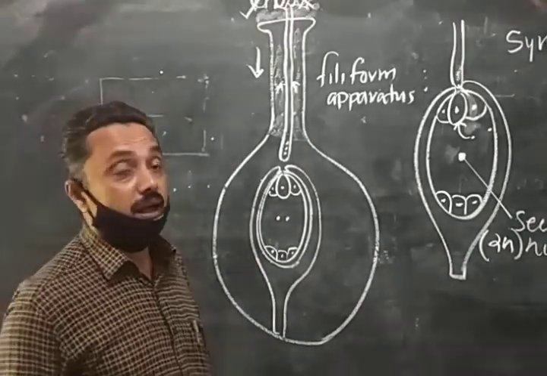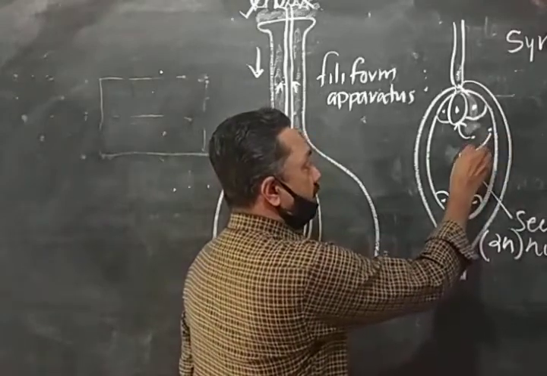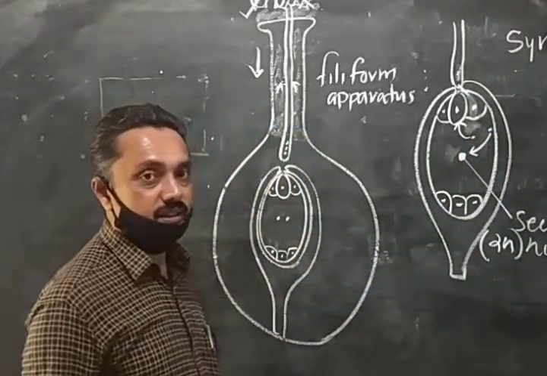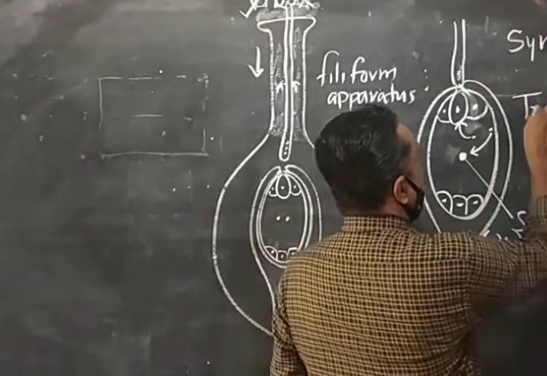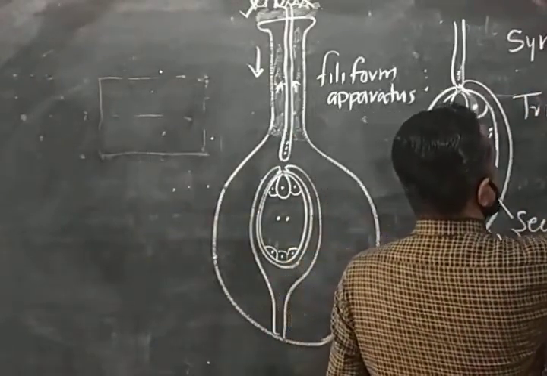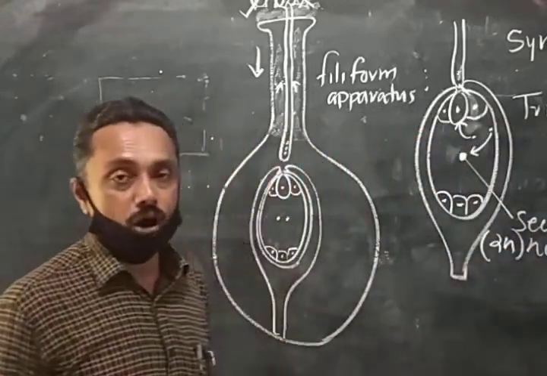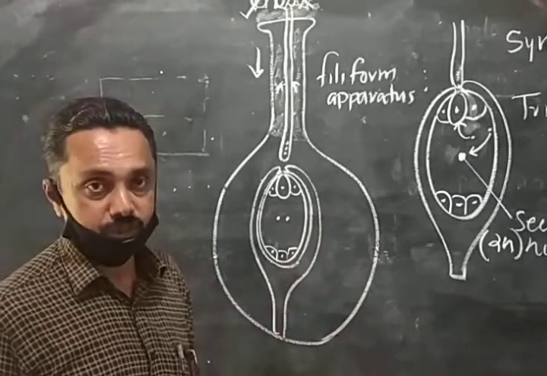And the remaining male nucleus joins with the secondary nucleus. The process is called triple fusion because it involves three nuclei: two female nuclei and one male nucleus.